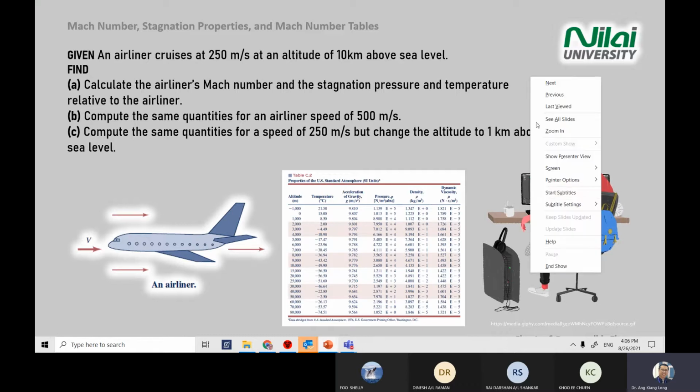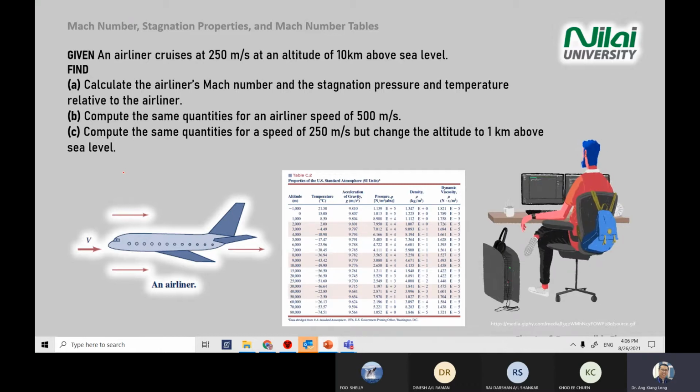Basically, when it comes to application problems, it will tell you that there's an aircraft cruising at a certain height, for example in this case 10 kilometers, at V1. After that, it accelerates to V2 at this point, 10 kilometers.